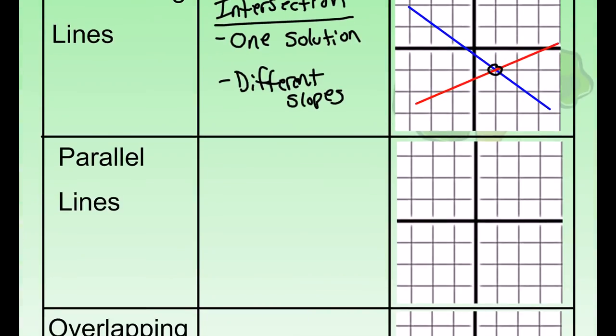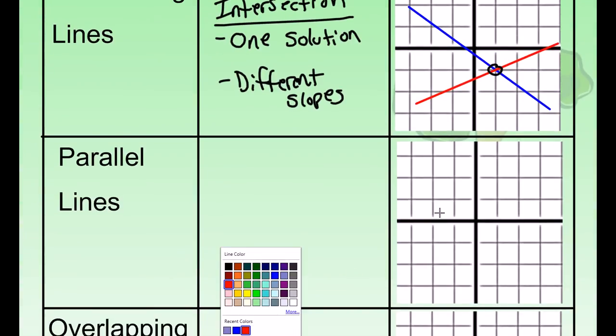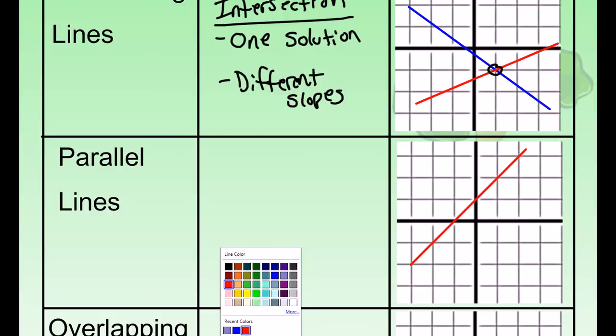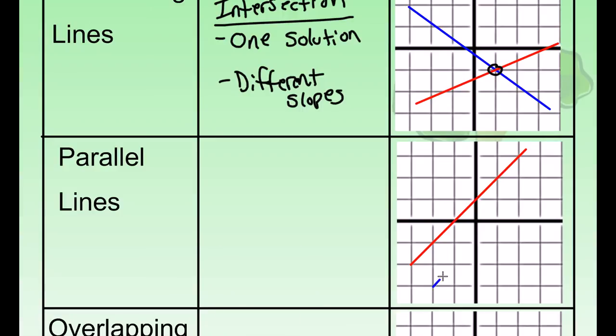Okay. Parallel lines. Well, let's have one line here, and another line here. So my two lines there are parallel. What do we know about them? We know that these two lines have no solution, or I should say there's no intersection.